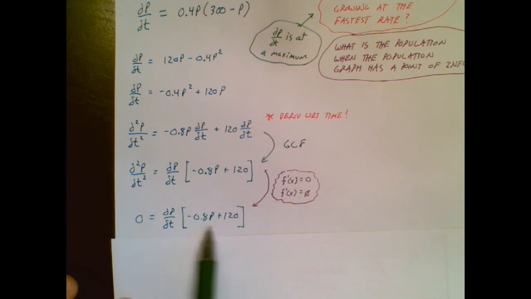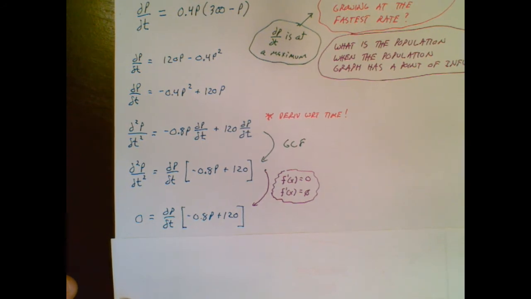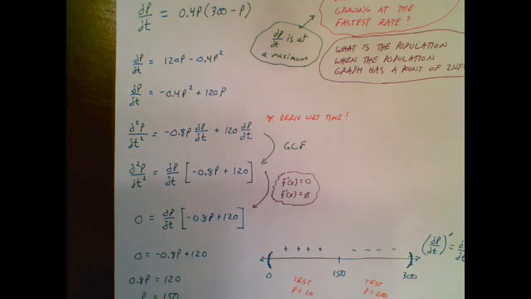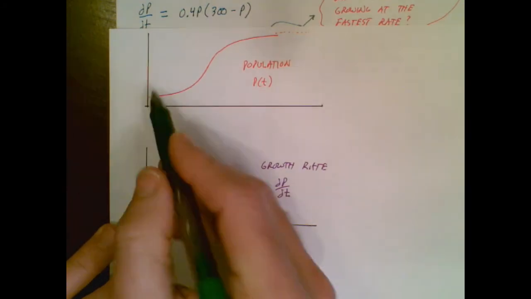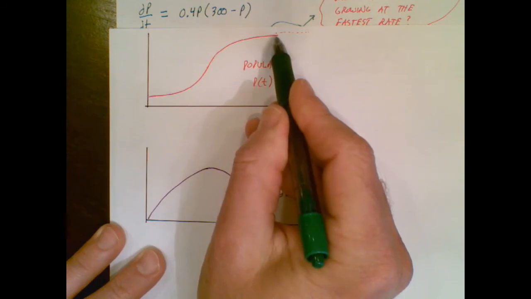If I set this equal to 0, something really nice is going to happen. My growth rate in a logistic growth situation can never equal 0. To kind of get that, just remember this. We've started out with very tiny growth, and we end with very tiny growth.